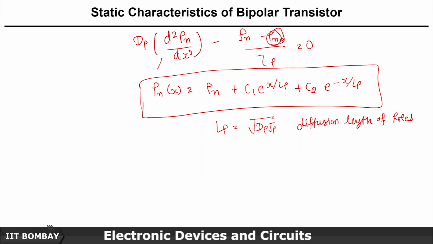Now our job is to determine these C1 and C2 coefficients. We want to know their values, and we need some boundary conditions for that, right? We have framed a mathematical model, a differential equation, and now we need boundary conditions. There are two of them.